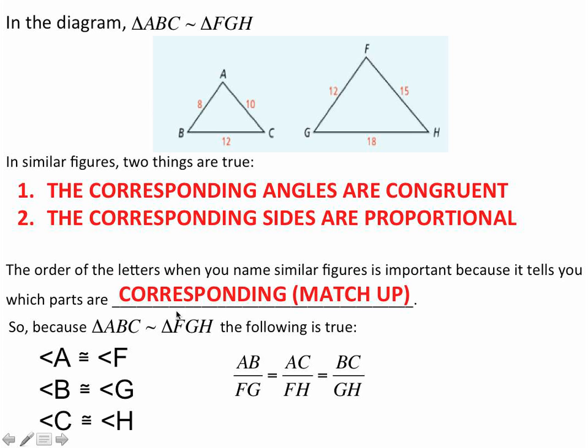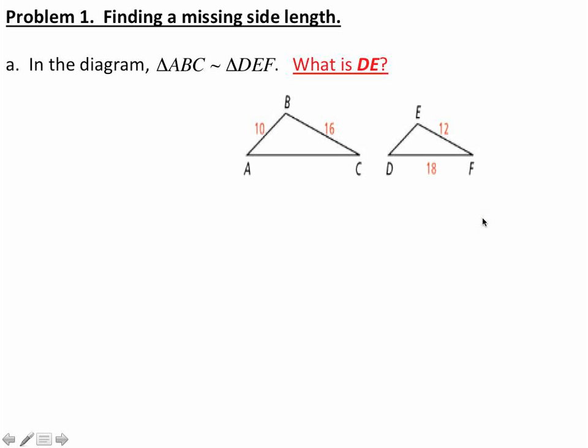First and third match with first and third here, FH. Second and third match with second and third here. Okay, so the order of the letters is definitely important. It's easy to see when they have the 2 pictures turned the same way. But if they were to flip this around, it might be harder to see. So you need to see those letters. They'll help you see which things match up.